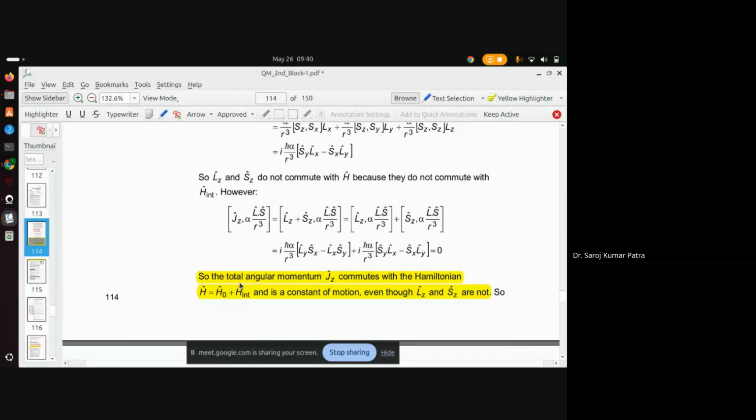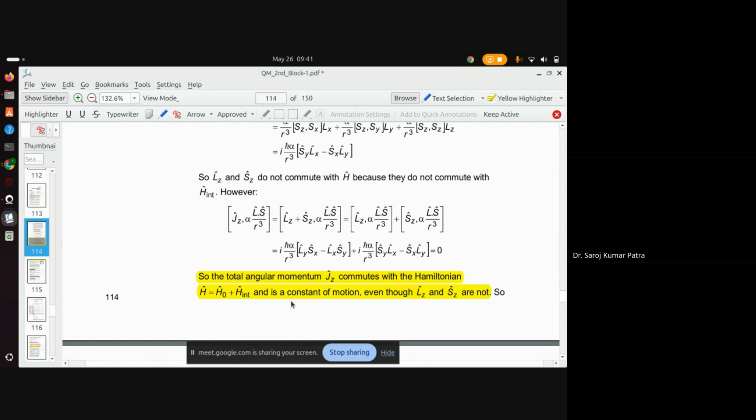So the total angular momentum Jz commutes with the Hamiltonian, because Lz, Sz and Jz all commute with H0. But Lz and Sz do not commute with H interaction, while Jz commutes with H interaction. That's why Jz commutes with the total Hamiltonian H, which is equal to H0 plus H interaction.